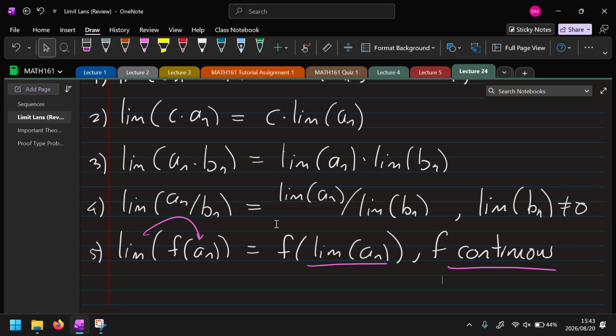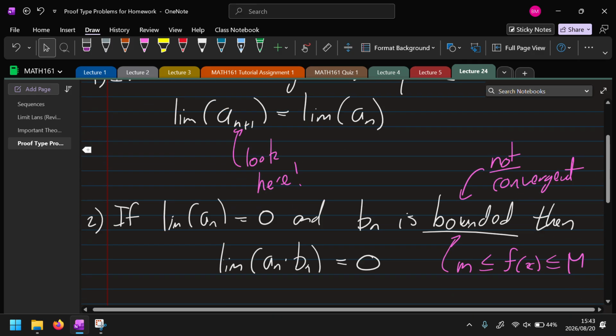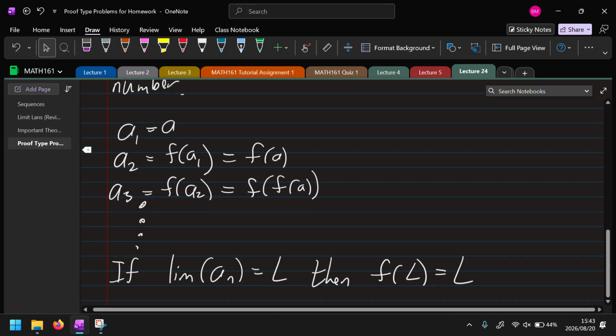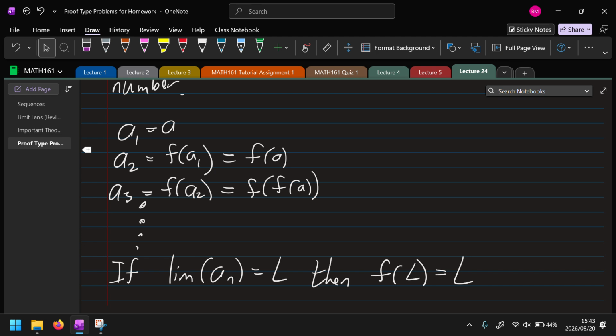Because we know f is continuous, so we can use that limit law, the one underlined in pink there. To use this limit law where the limit jumps inside, f must be continuous. So what we have over here is f of a1, f of a2, f of a3. What am I doing? I'm taking the function of the sequence.